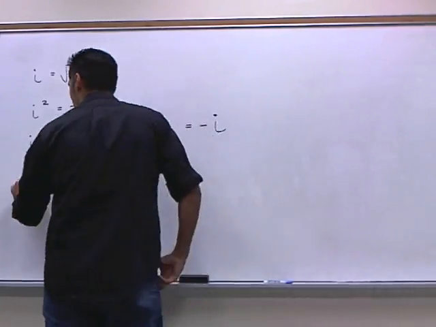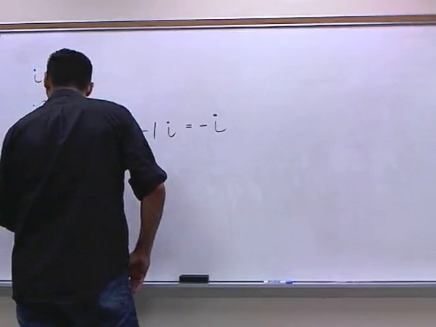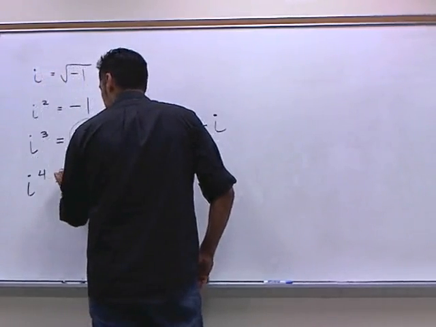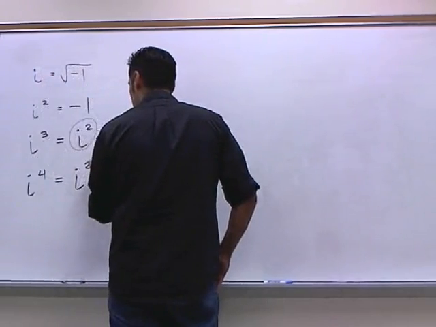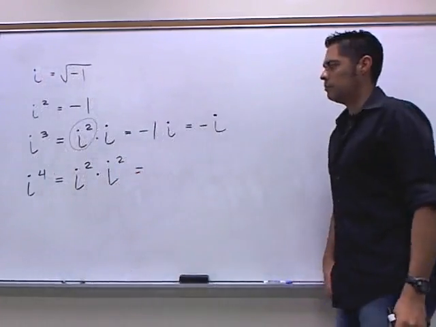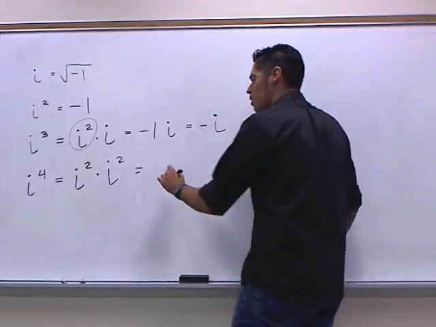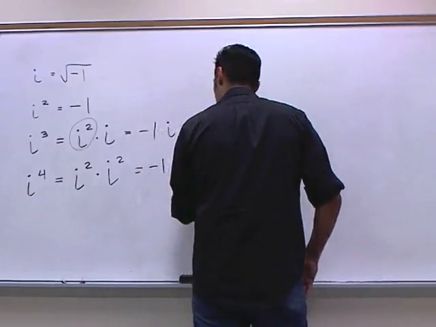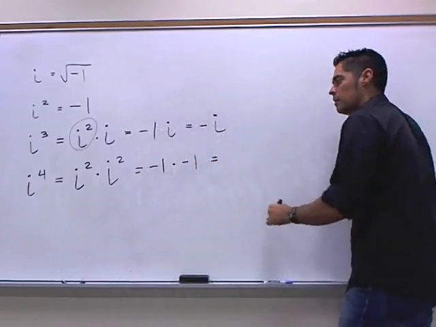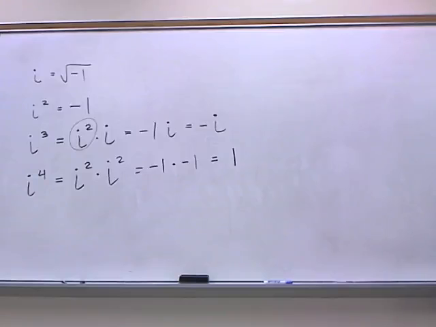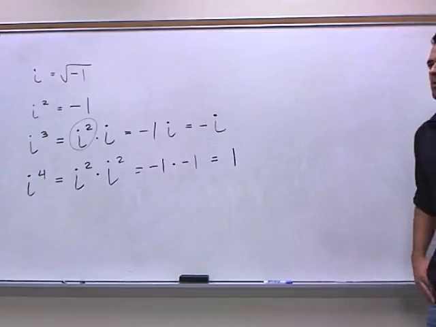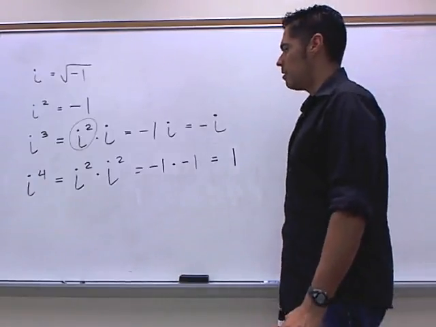What's i to the 4th power? Well, isn't that i squared times i squared? Isn't that -1 times -1? And what's -1 times -1? Positive 1. So here's what I'm going to do.